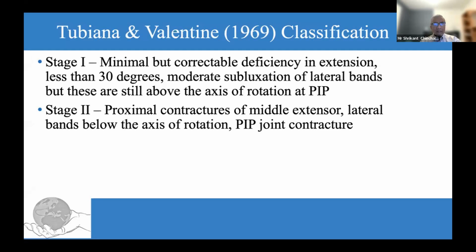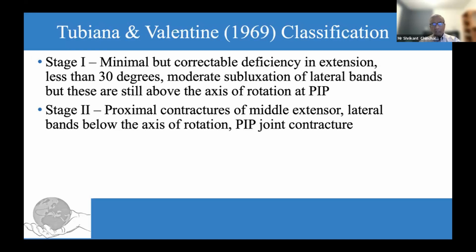There may be a moderate subluxation of the lateral bands. However, these are recoverable if you bend the DIP joint so that the lateral bands translate dorsal to the anatomical axis of rotation. If the patients are left untreated in stage 1, they'll progress to stage 2.